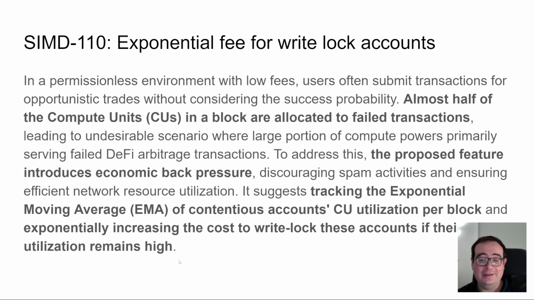So what does this mean? This is the actual multidimensional fee market, where every account is a different dimension. This is the real implementation of localized fee markets, because here you explicitly assign different costs to write lock different accounts. So that's the idea.